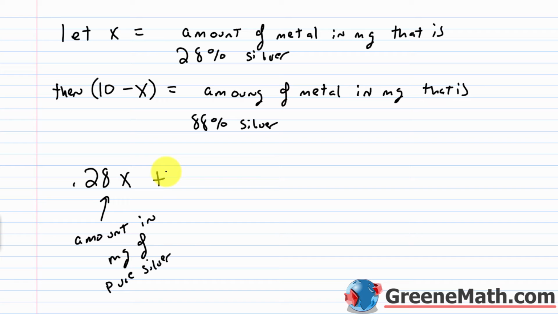Then we add this to the amount of metal in milligrams that's 88% silver. So 0.88, which is 88% as a decimal, times this, remember to use the parentheses here, 10 minus X, very important. You can't just put it next to the 10, that won't work. This is the same thing, the amount in milligrams of pure silver. So these two amounts have to be equal to what it told us in the problem.